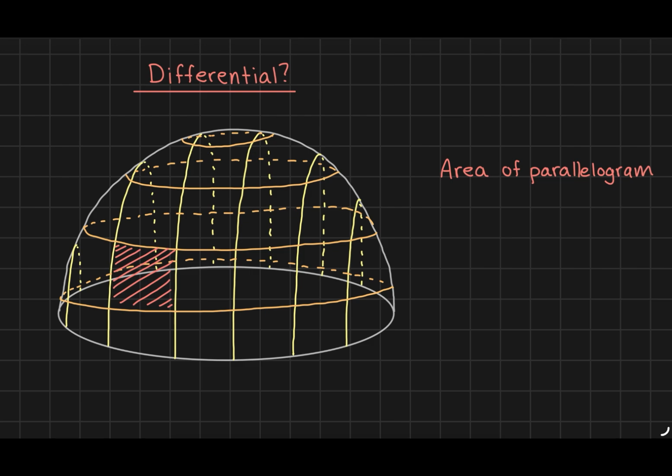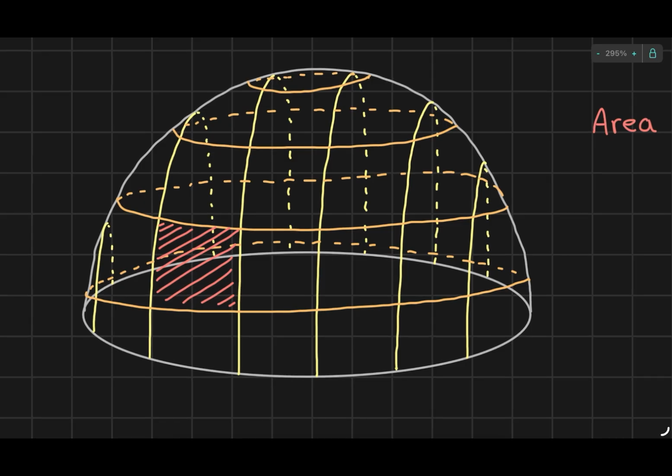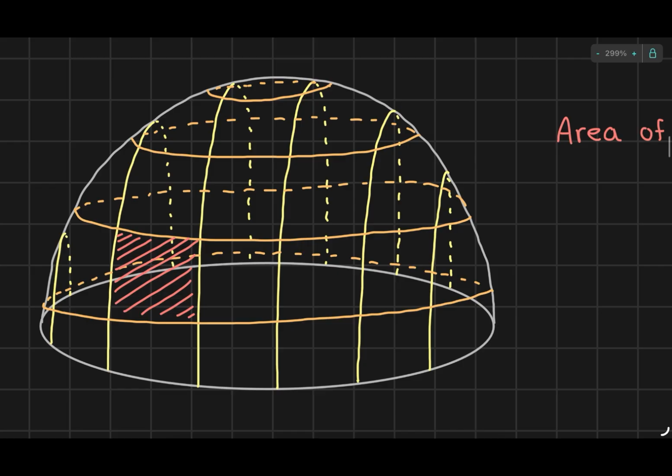We need to take the partial derivatives of each of those. So we're going to have some r sub u that is depicted by our yellow lines there, and then we're going to have our r sub v, which is depicted by our orange lines.